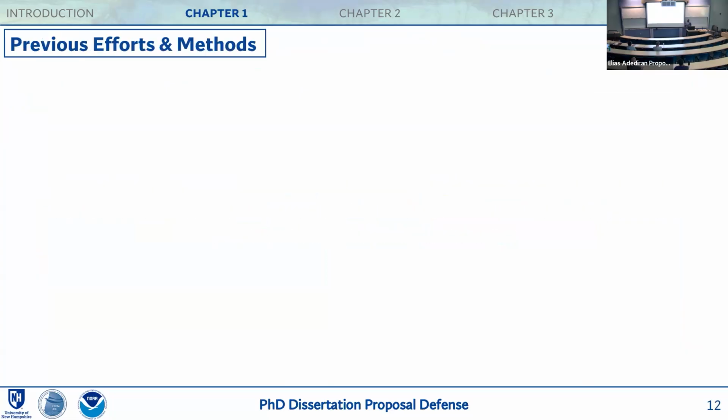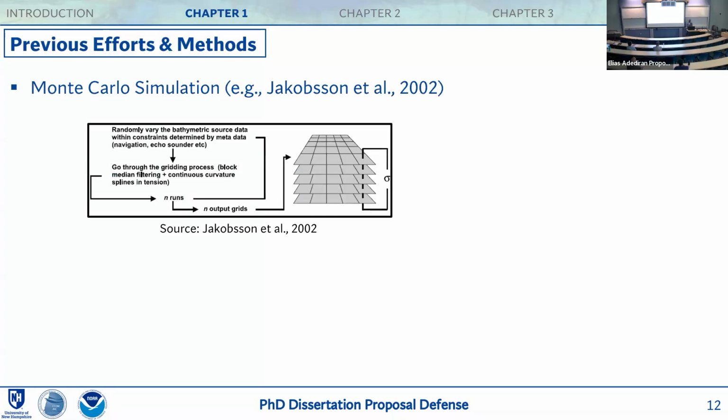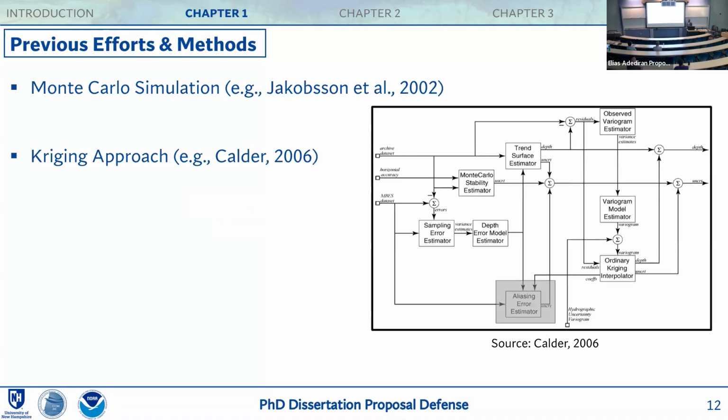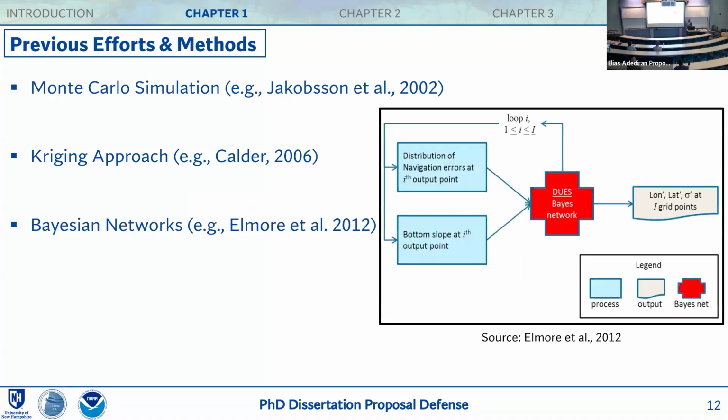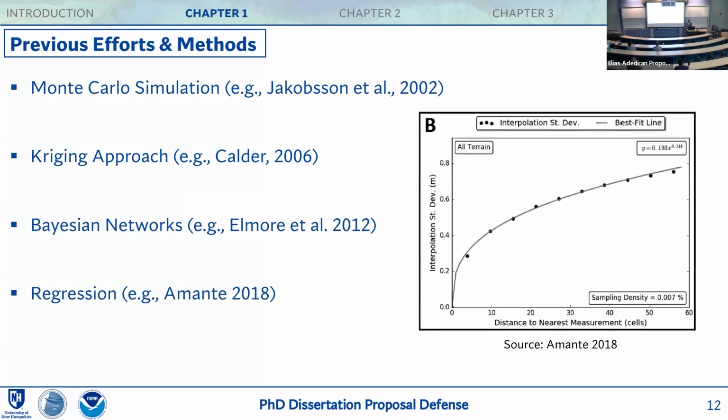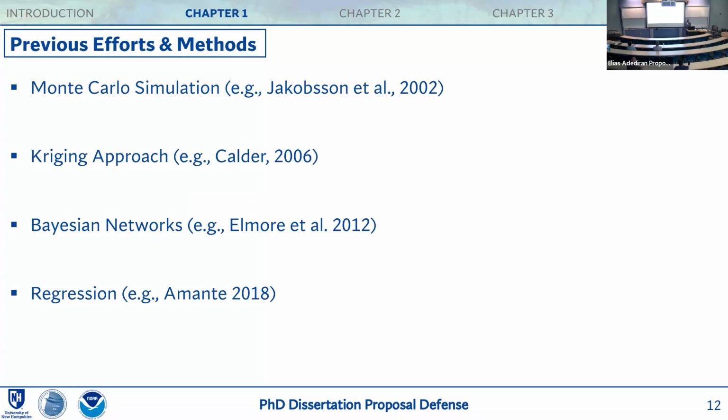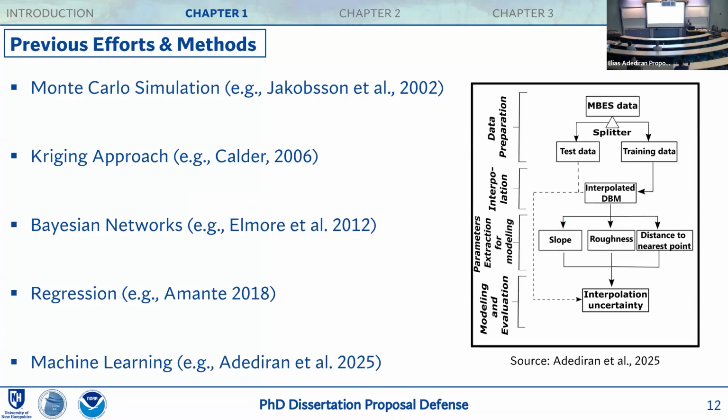It remains a long-standing challenge because previous efforts have investigated methods to try to solve this problem, including Monte Carlo simulation, the kriging approach, Bayesian networks, regression analysis, and more recently, machine learning approaches, like even myself in my master's.